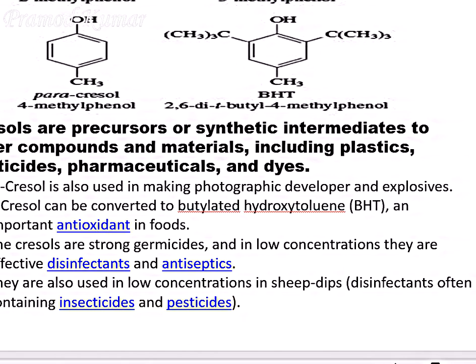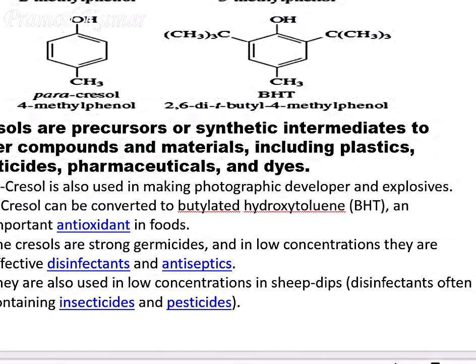Cresols are precursors for many synthetic intermediates used in making plastics, pesticides, pharmaceuticals and dyes. Cresol can also be used for the preparation of various preservatives.